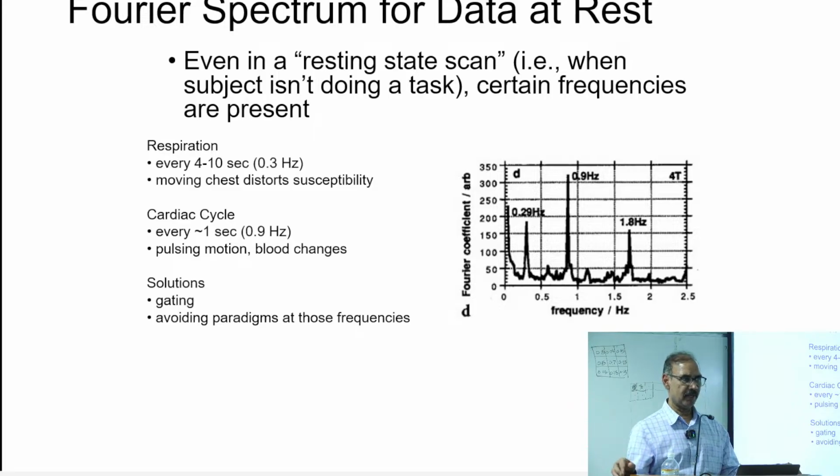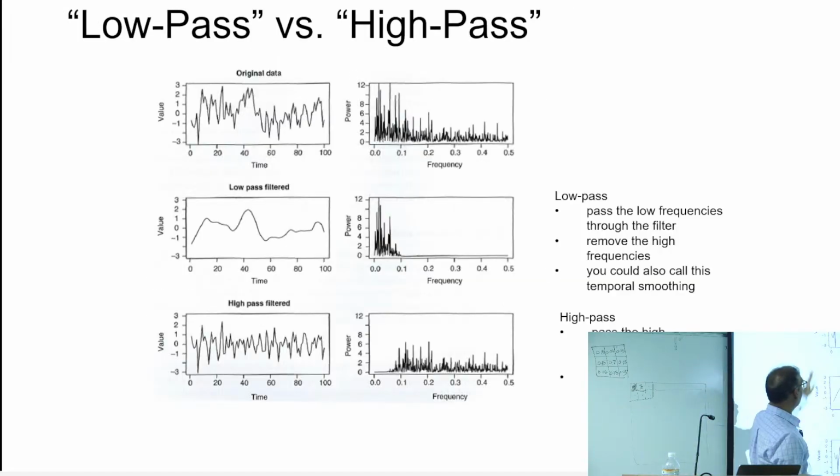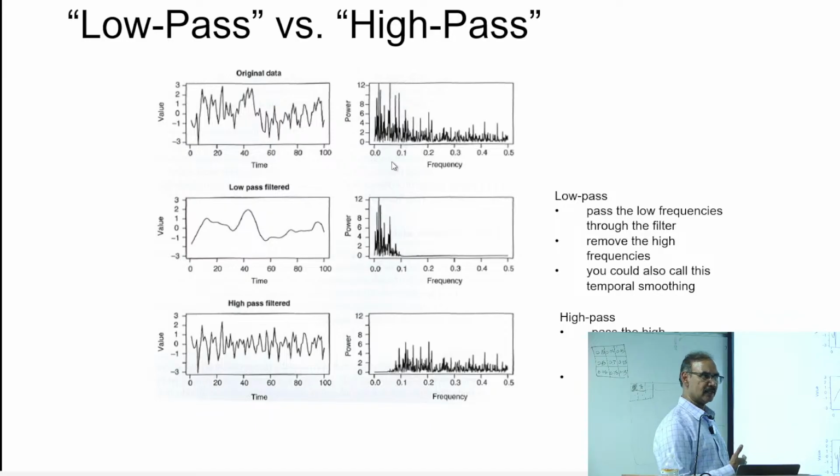If you have enough data, you don't have to do filtering because you can perhaps see what is happening to the respiration signal. Or you could do low pass versus high pass. This is the original data, and that's the frequency spectrum. This is using the low frequency spectrum, and you can run the correlation analysis.